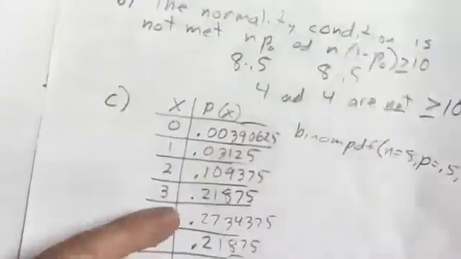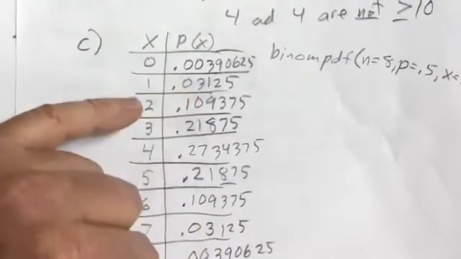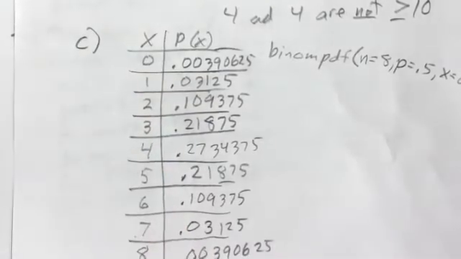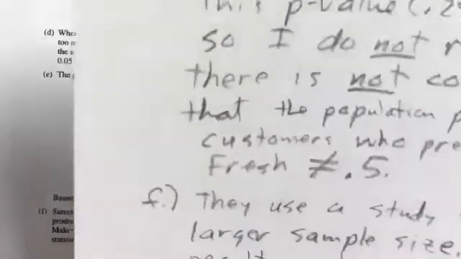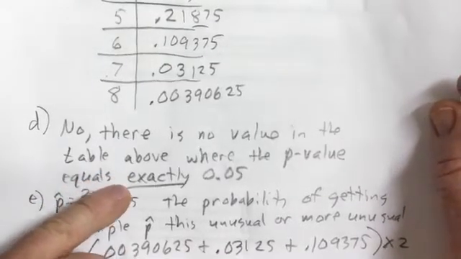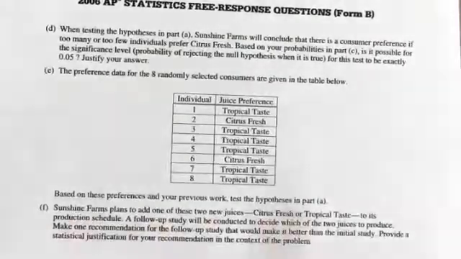Well, if you look at this, there's no way you could get a p-value of exactly 0.5, because if it's 1, it's this, and if it's 2, it's that. So no, there is no value in the table above where the p-value equals exactly 0.5, and that's what you would say there. So that takes us to E.